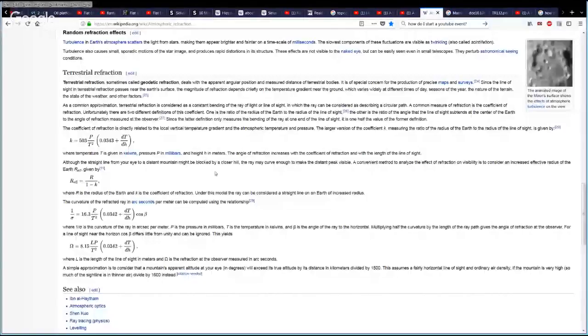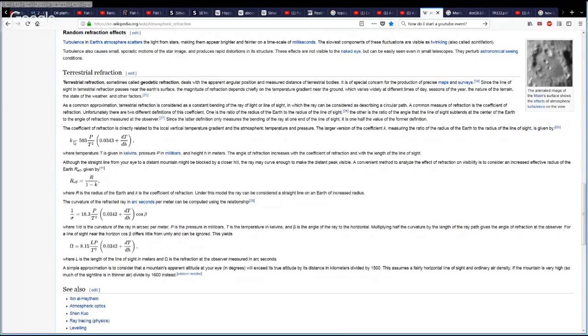Here we go. Right, this is a refraction page on Wikipedia, and it shows what's called the coefficient of refraction, which basically determines the refractive index of the atmosphere. That's not quite the same thing, but it's how it affects the curvature, and it's dependent on the pressure, the temperature, and the temperature gradient.